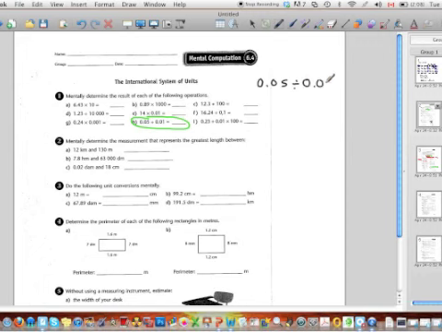Don't memorize which way and how many places. Just think of it like this. You know that this is the same as 0.05 divided by, write this as a fraction. This is the tenths place, 1/100th. So this is really 0.05 divided by 1/100th.